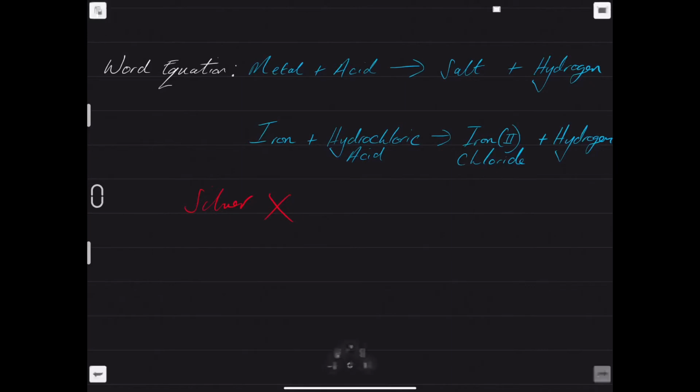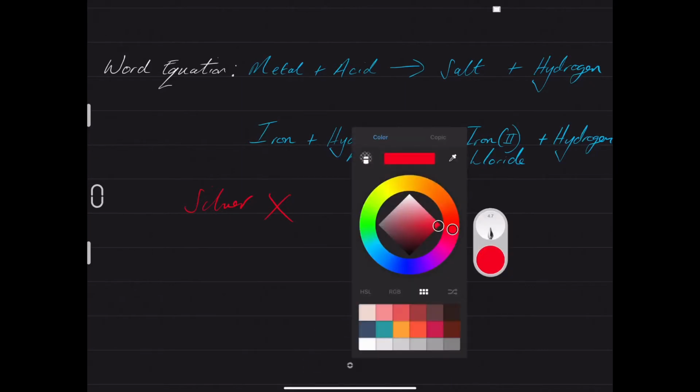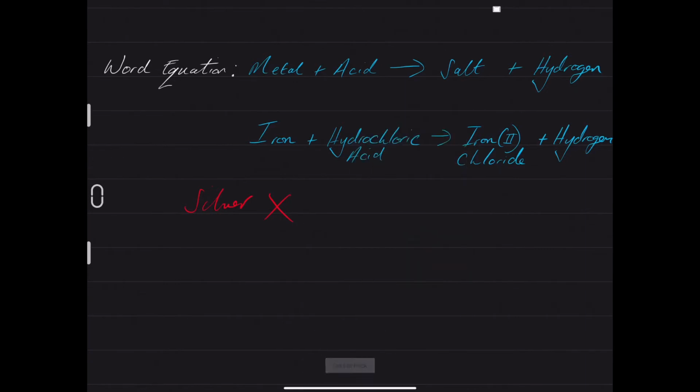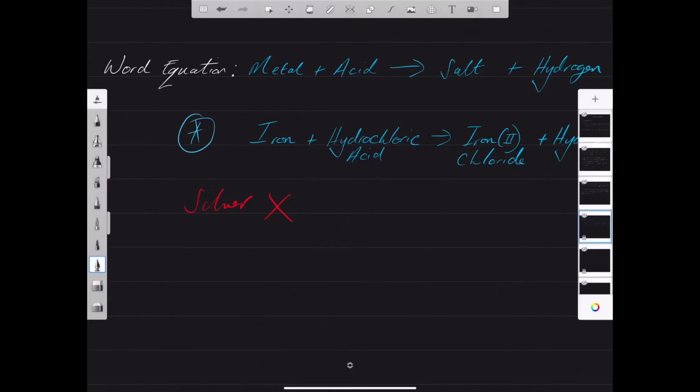Okay, now going back, I'm going to give you a symbol equation for this word equation, and I want you to complete this symbol equation. So let's do it directly underneath.